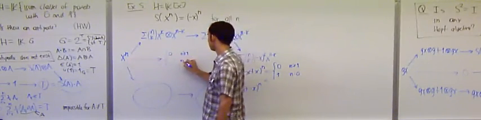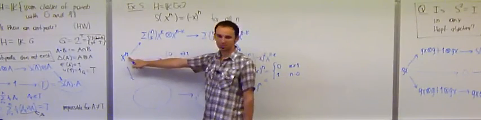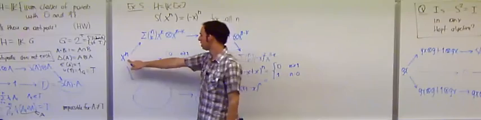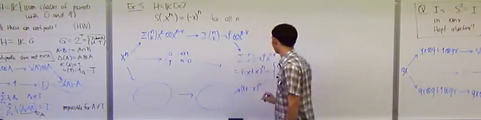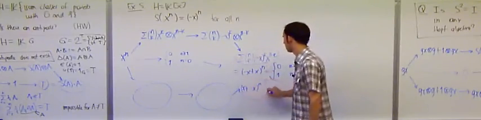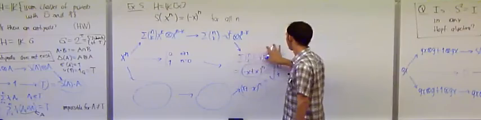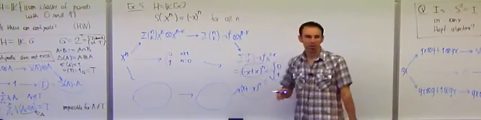But if n is equal to 0, then x to the 0 is 1, and the co-unit sends it to 1, which is the same thing as this. So all of these things agree. And therefore this is indeed an antipode.